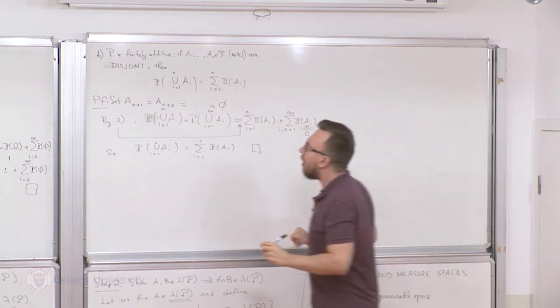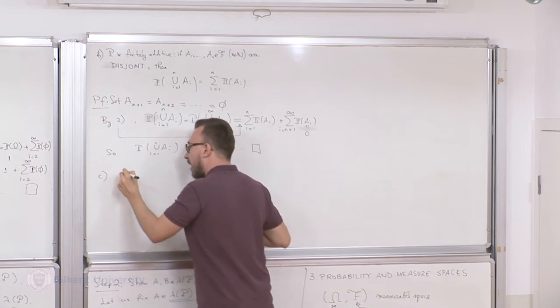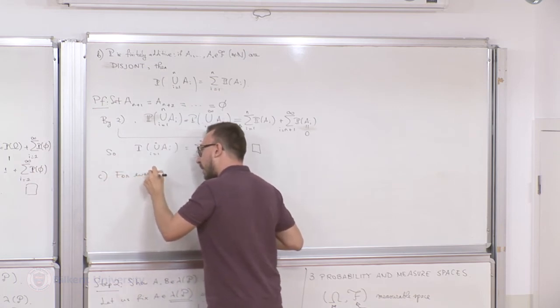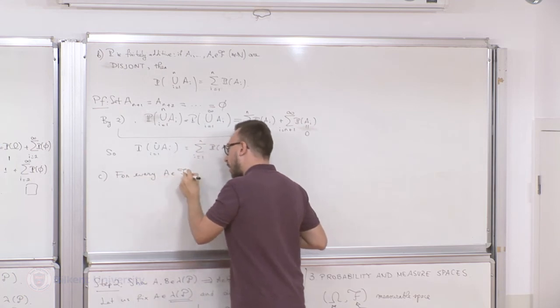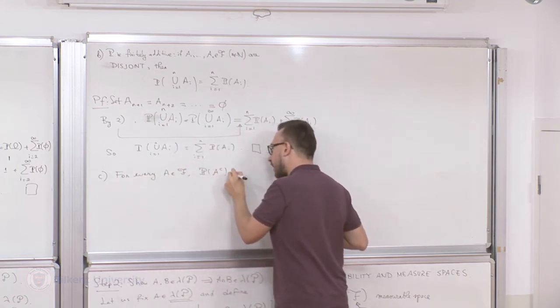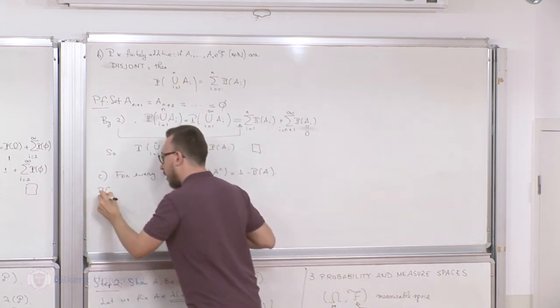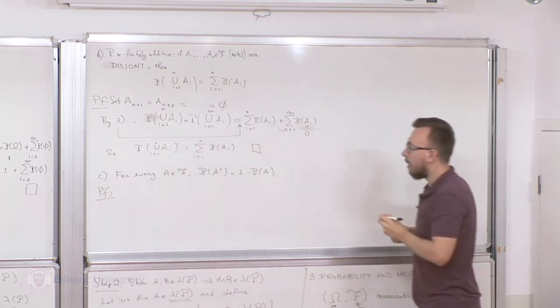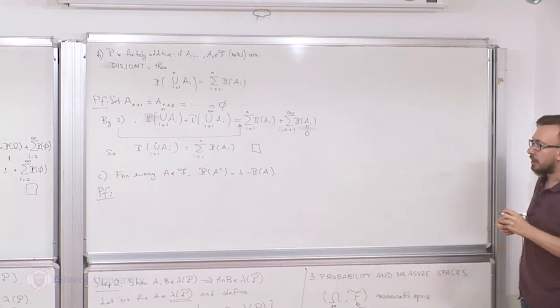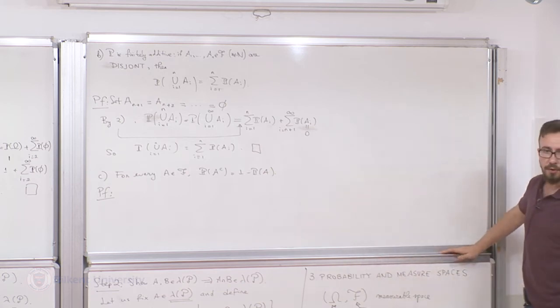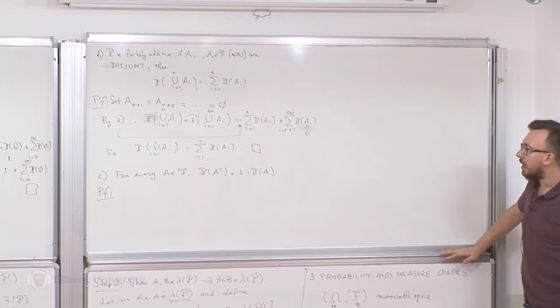Maybe one last property. For every A, the probability of A complement is 1 minus the probability of A. That's also a rule that you all know from your undergraduate courses, right?